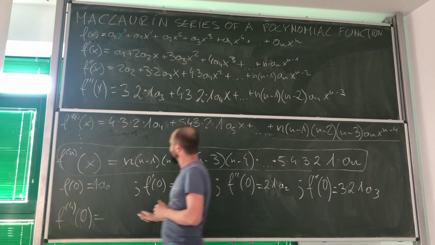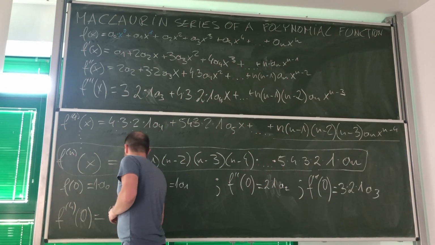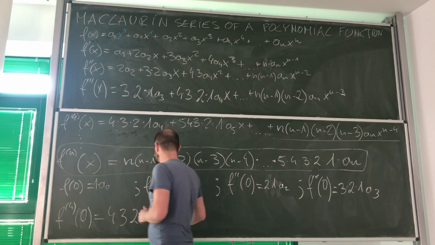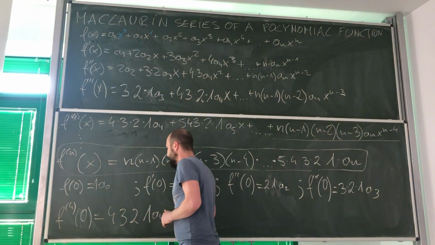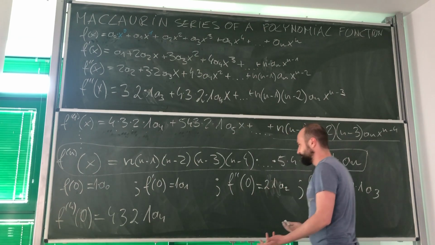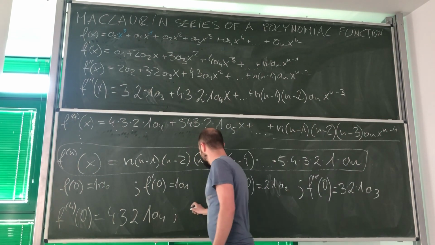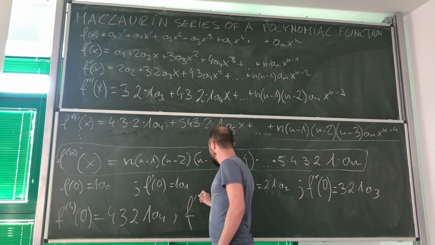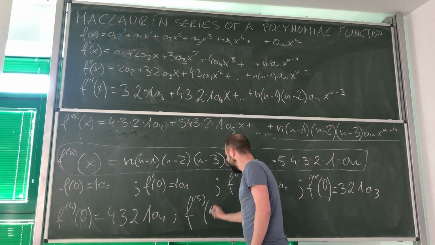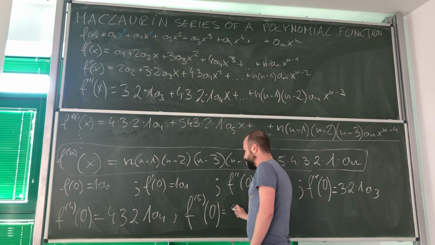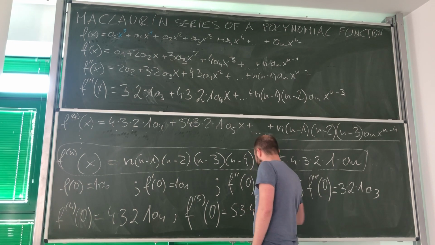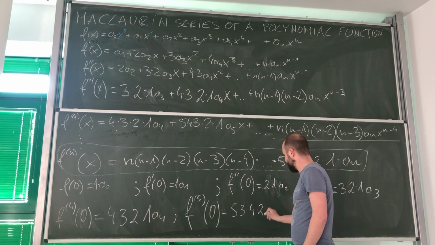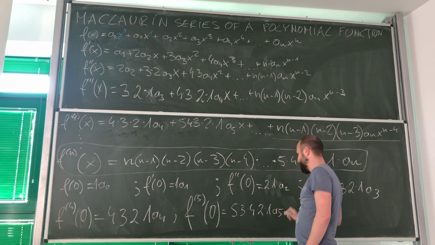All I got is 4, 3, 2, 1, a4. And look, can we guess what will be derivative number 5 evaluated at 0? Well, it would be 5 times 4 times 3 times 2 times 1 times a5.